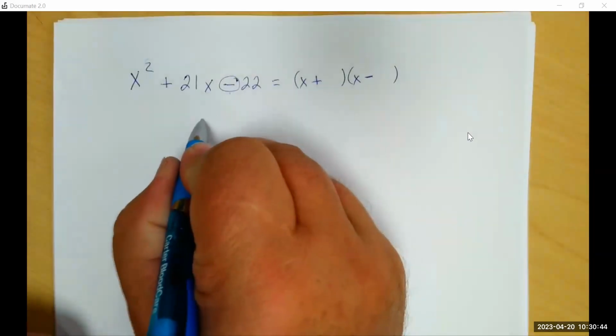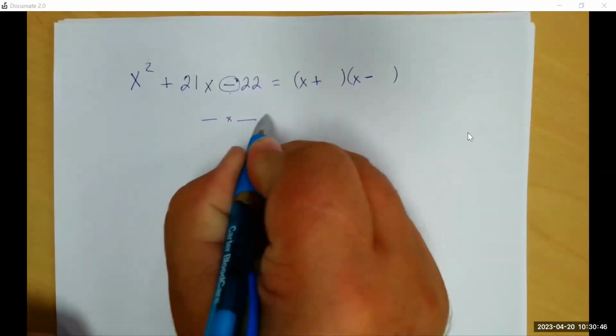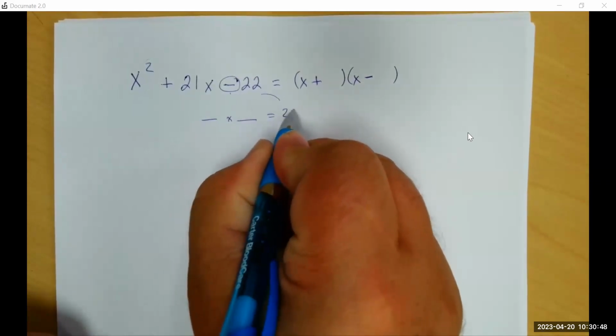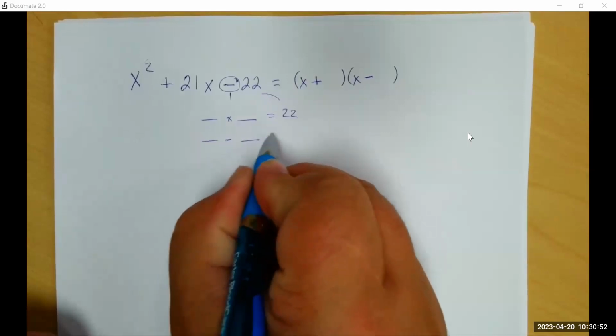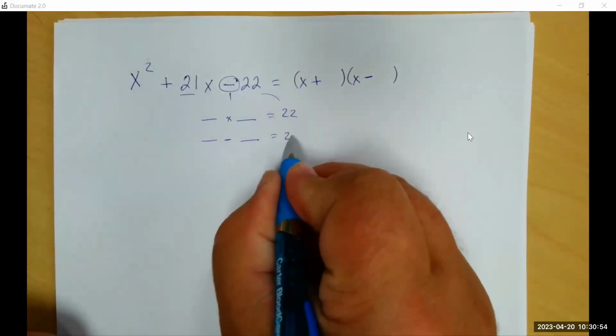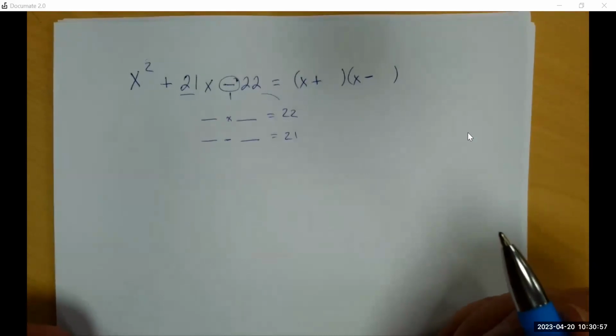So we figure out what times what equals 22, where when you subtract them, it equals 21.